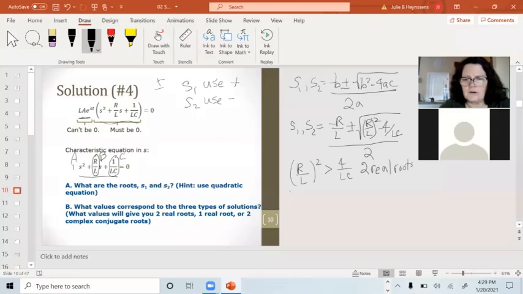If R over L squared equals 4 over LC, you get 1 real root. If R over L is less than 4 over LC, we're going to get 2 complex roots, and they'll be complex conjugates of each other.